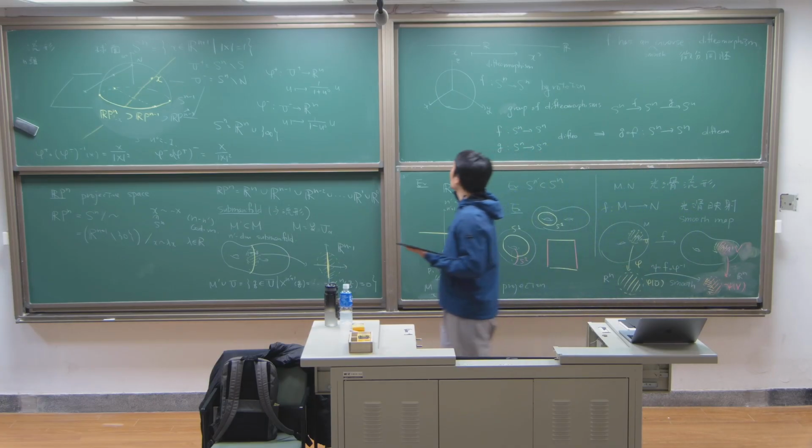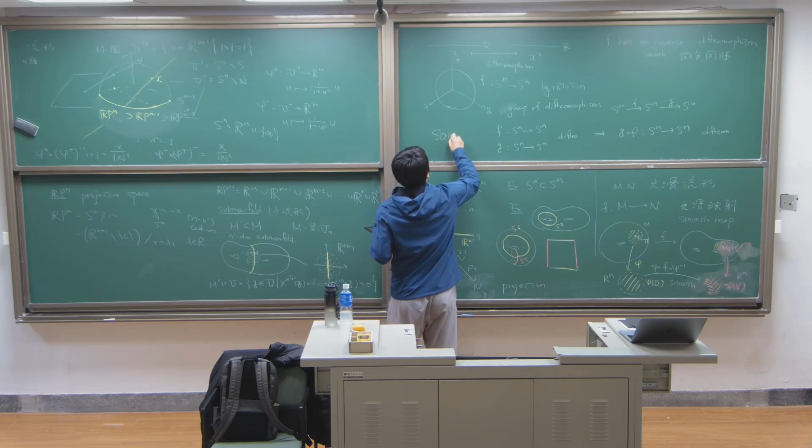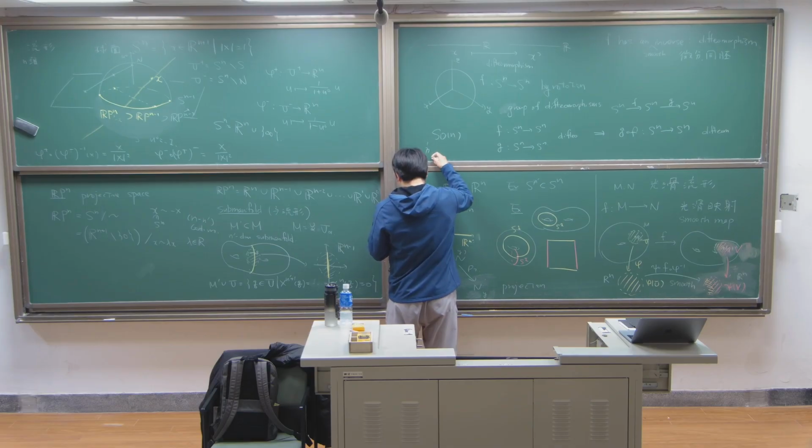This group is called SO(n), the rotation group.